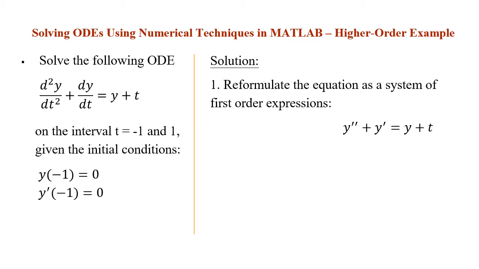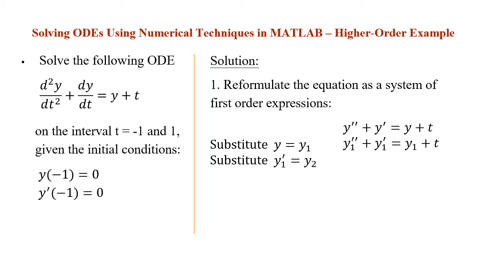The first step we're going to do is substitute each time we see y with y1. This way, we'll be able to number our equations of first order expressions or first order derivatives. So every time I see y, I'm going to replace it with y1. So it will be y1 double prime plus y1 prime is equal to y1 plus t.